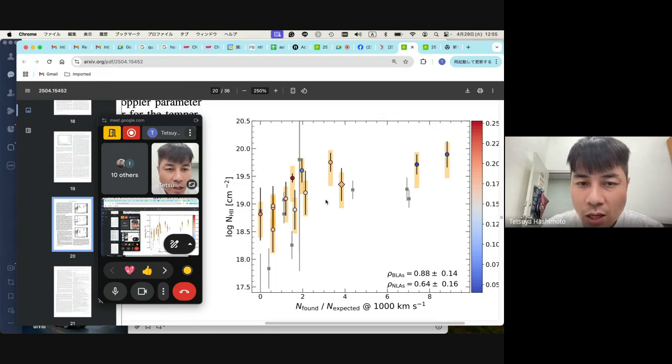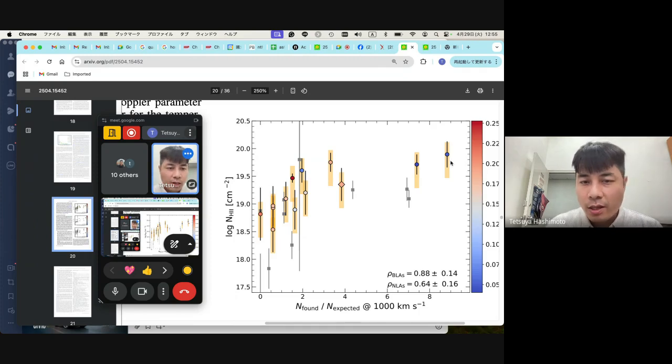So then they found a clear correlation. They are saying there's a correlation between these two. So this means, I think this is almost the same thing as what Juin is saying. If you look at the high galaxy number density environment, you can see more material appearing in absorption systems in quasar sight lines.